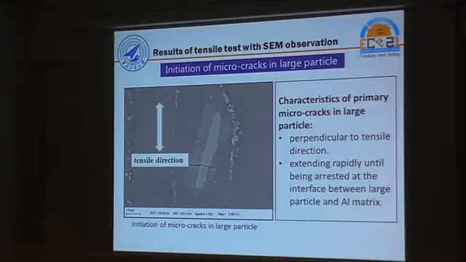First, we will introduce the initiation of microcracks. We can see that the microcracks in large particles are perpendicular to the tensile direction, and the microcrack extends rapidly until being arrested at the interface between the large particle and the aluminum matrix.